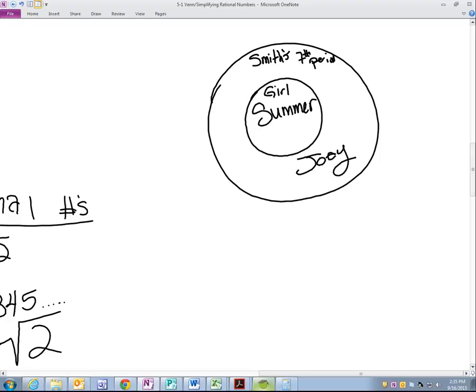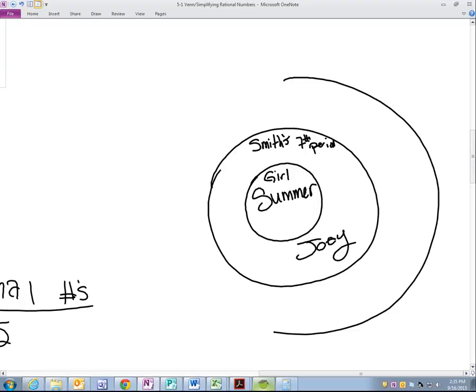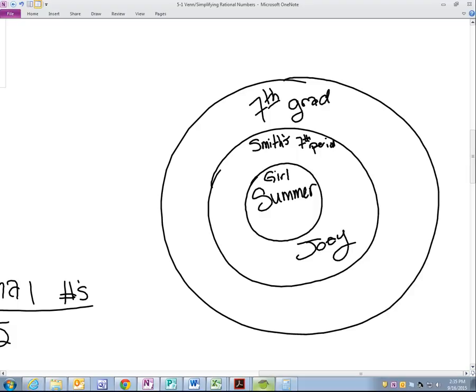So we could put 7th grader. Anybody who is not in this classroom could be a 7th grader. Who's your best friend? How does Laheen spell his name?